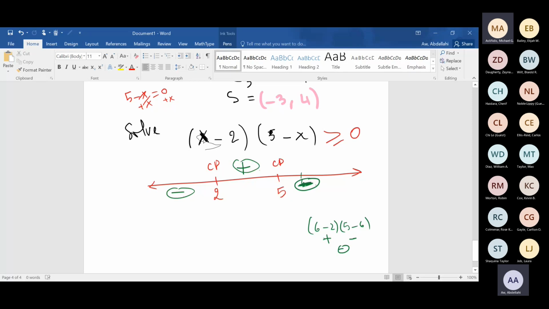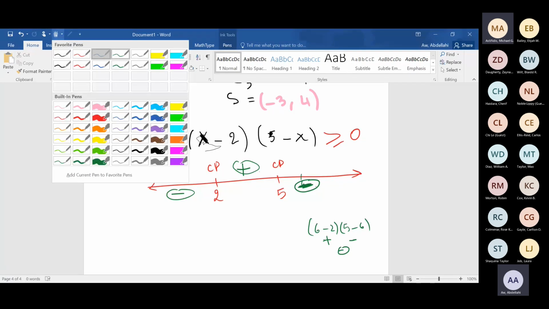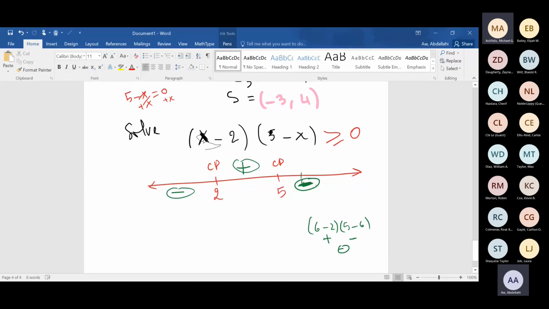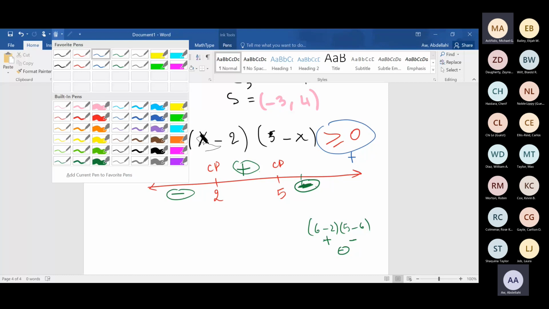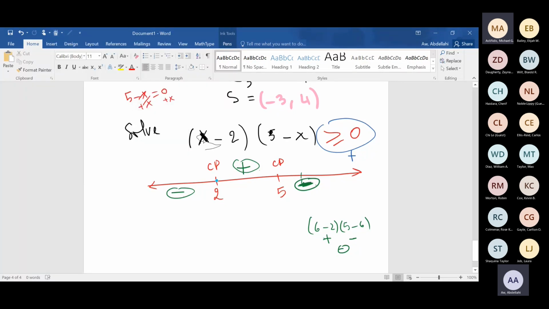Now, this is not done. This is not the solution yet. We have to write what the solution is. What sign am I looking for? The positive sign or the negative sign? Positive. The positive sign. Where do I see the positive sign? In the middle, exactly.